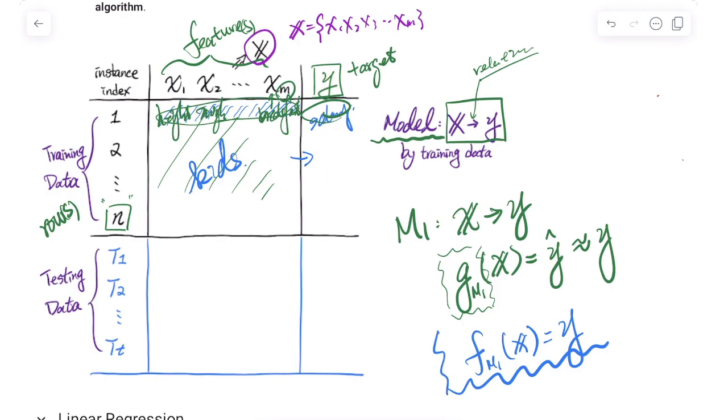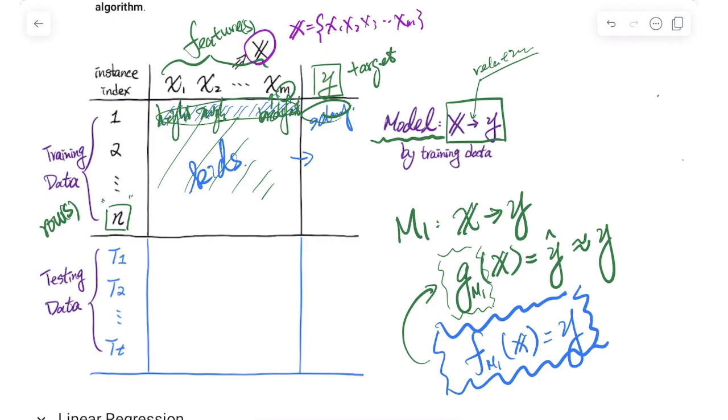Maybe there is a magic function f which can output y if you are given x, but it is very difficult for us to find such an f function because it could be very complex, even too complex for mathematics to model the relationship between big X and y. So instead, we use a simplified way to find a g function and make sure it can output y hat, which is close to y.